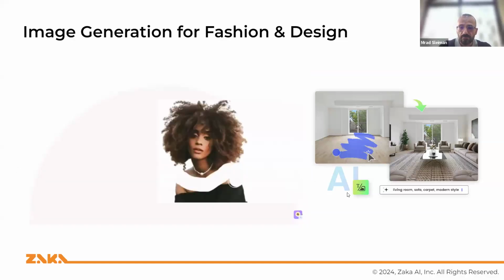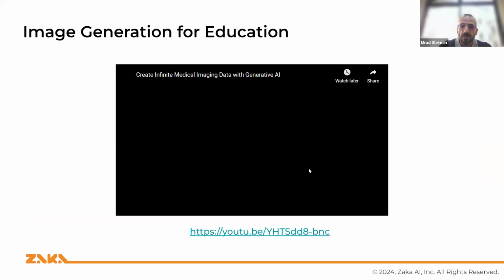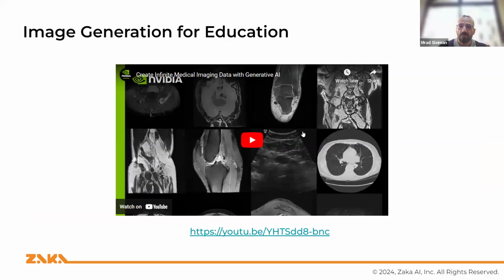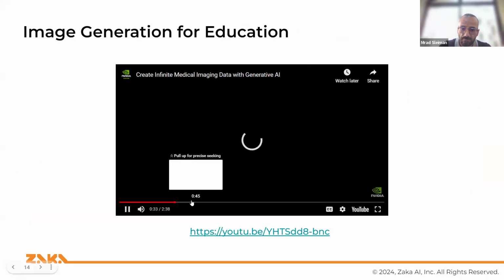So that's enough. Now here, another example of where you can use image generation, of course, using AI. And here we are talking about image generation for education. If I run the video, you can see examples of how they are generating images for educational purposes. All right, let me run this a little bit.